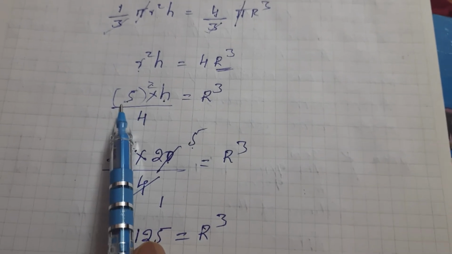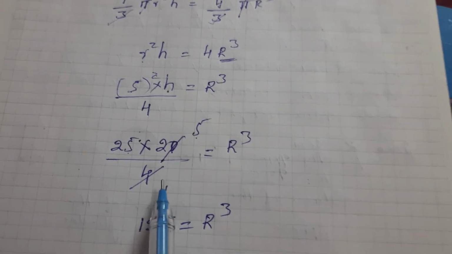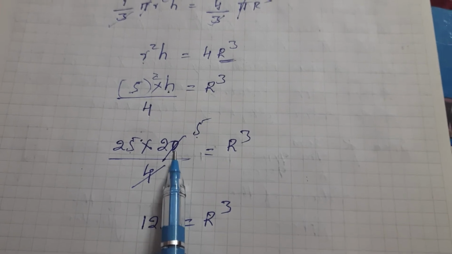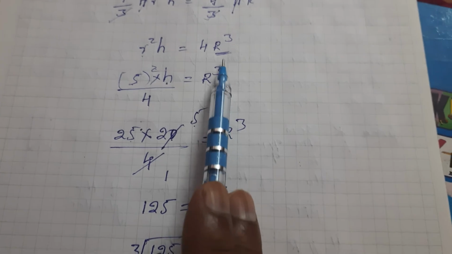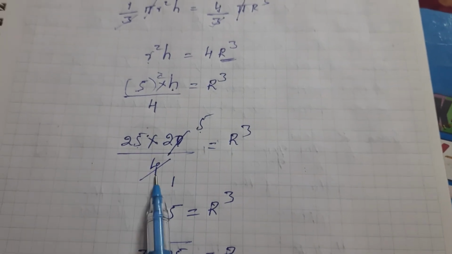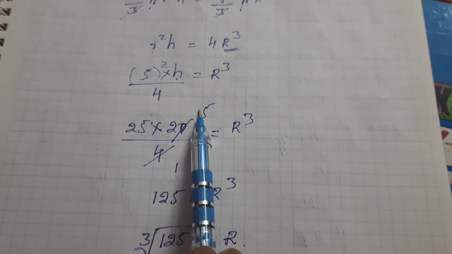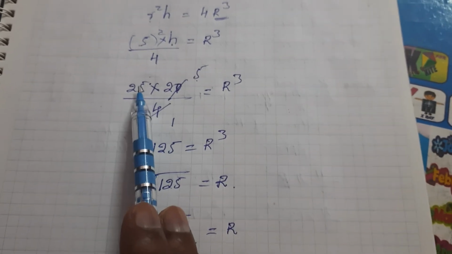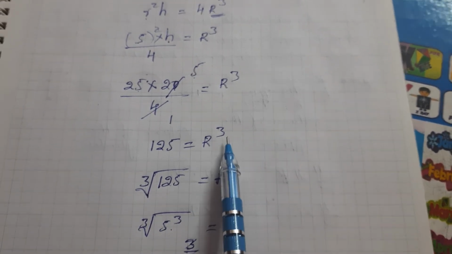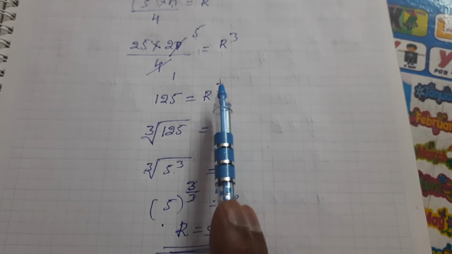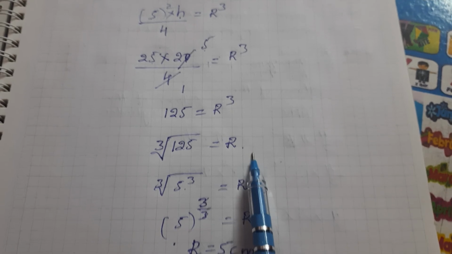They given r means they given 5, that means 5 whole square into h they given. So I have taken in the next step, that is 25 into 20. Send this 4 to the left hand side, it will come to the denominator. 4 ones are 4, 4 fives are 20, whatever the remaining things you just multiply. 25 fives are 125 equal to r cube, and this cube to the left hand side, it will become a cube root of 125 is equal to r.